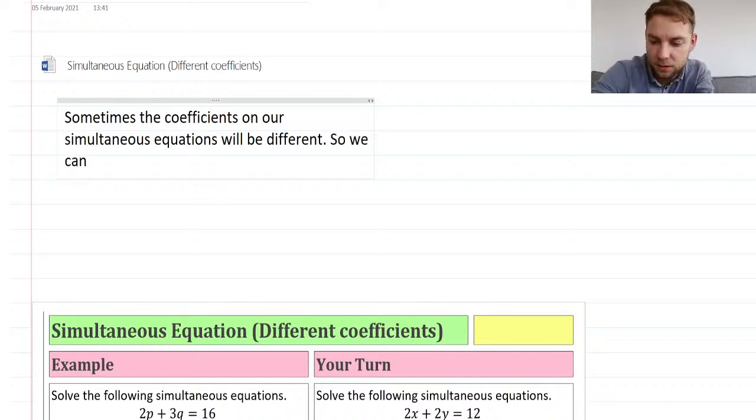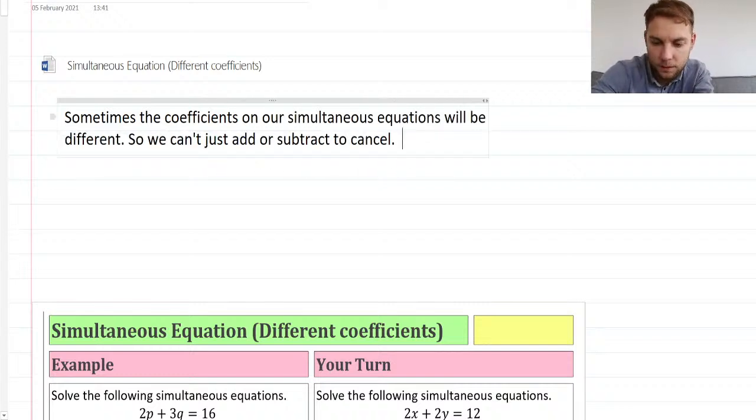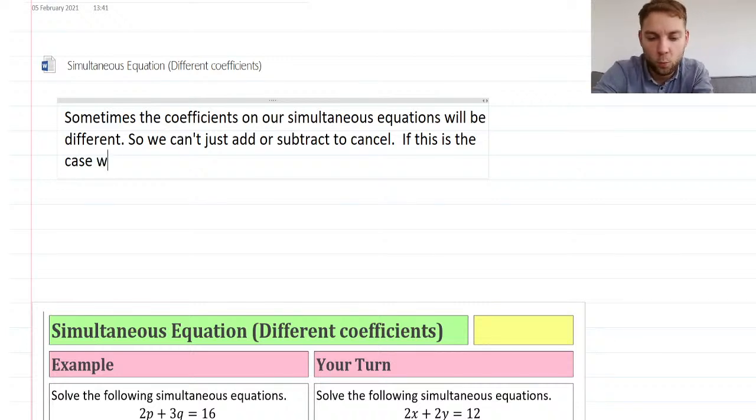So we can't just add or subtract to cancel. If this is the case, we must make the coefficients the same first.